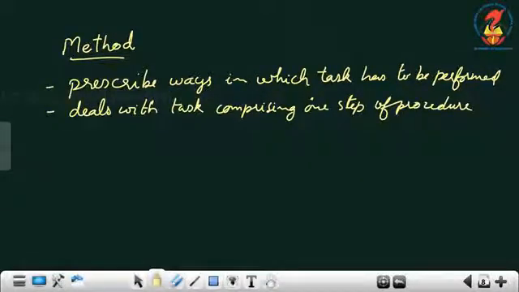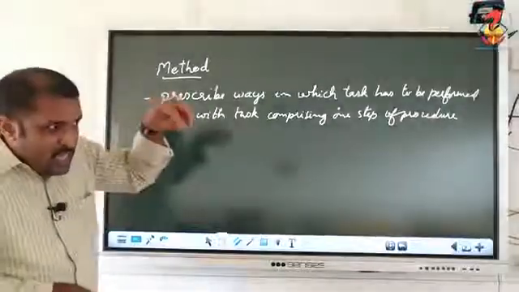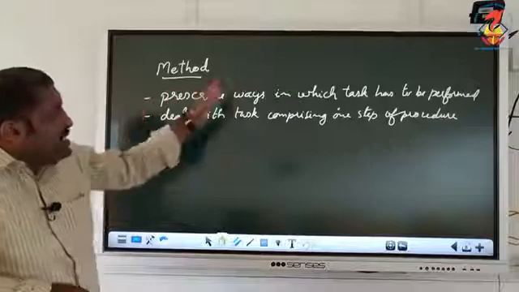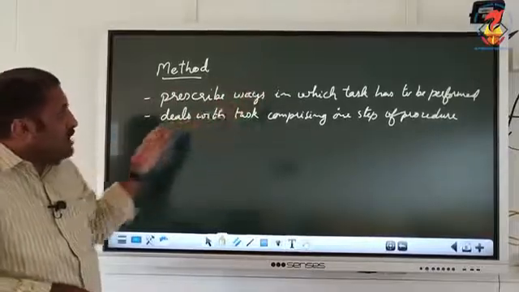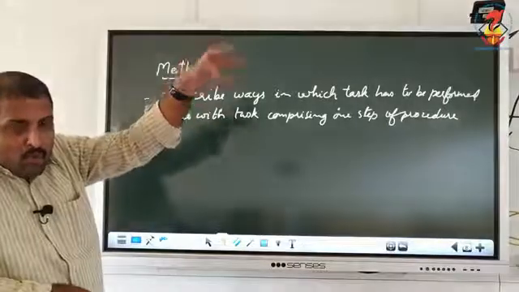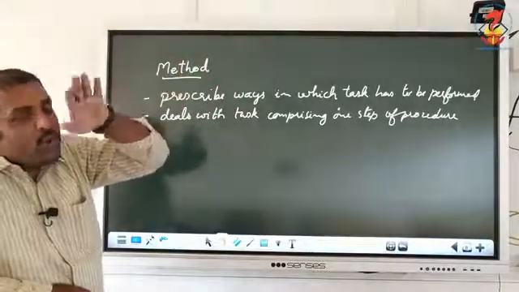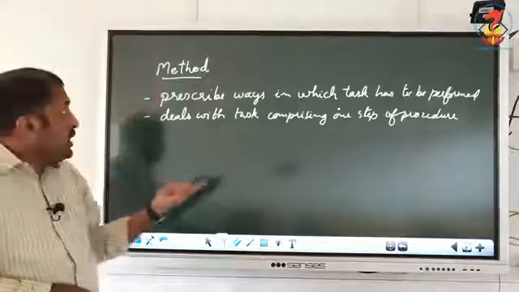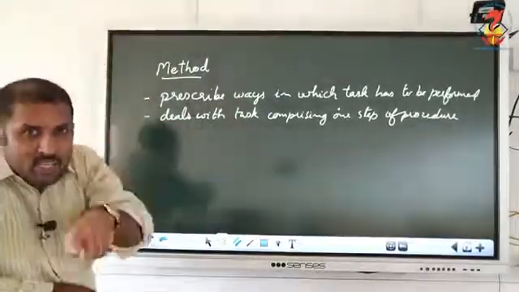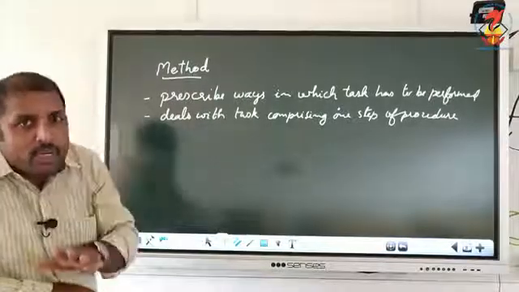That means it is the way in which each step in procedure is to be performed, prescribed ways in which a task is performed. So, that task can be one step of procedure. We said about routine steps which has to be followed in order to achieve objective, where method is talking about what has to happen in each task, what has to happen in a particular task.